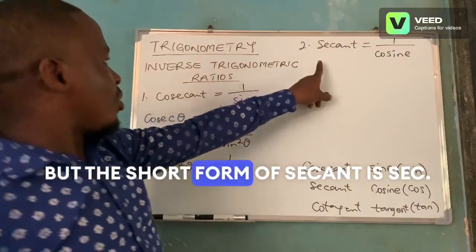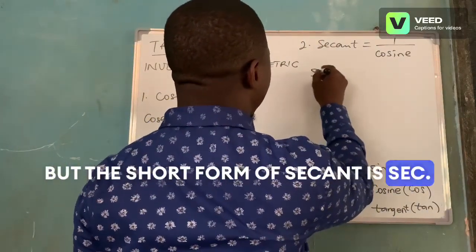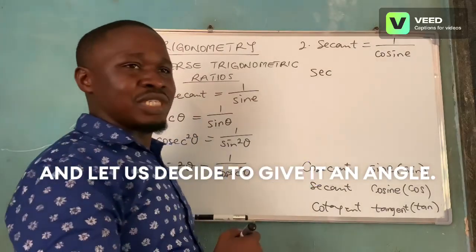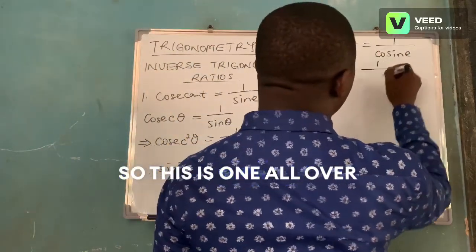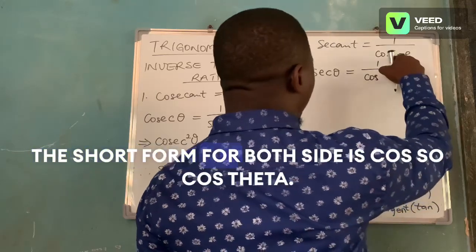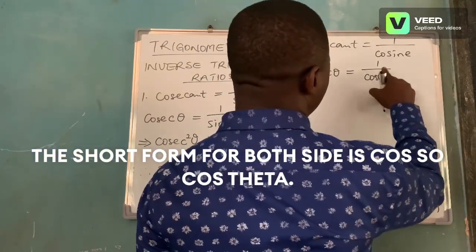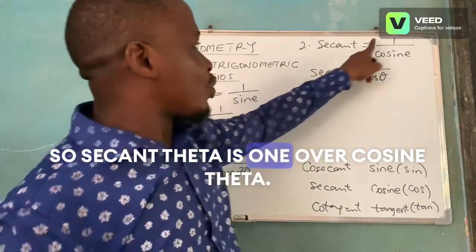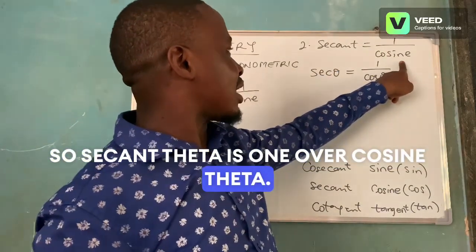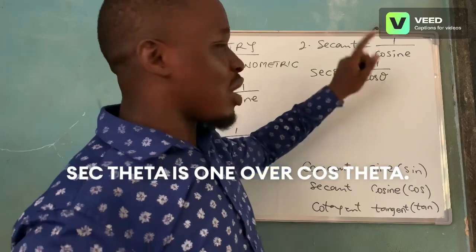But the short form of secant is sec. And let us decide to give it an angle, let's say theta. The short form of cosine is cos. So secant theta is 1 all over cosine theta. Sec theta is 1 over cos theta.